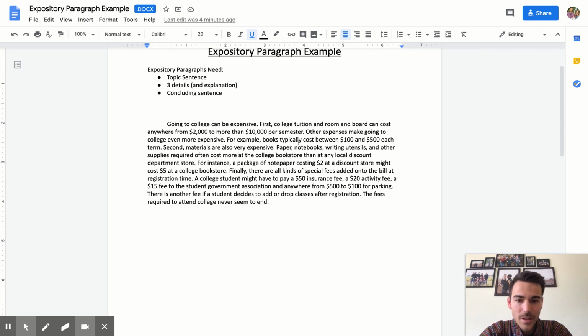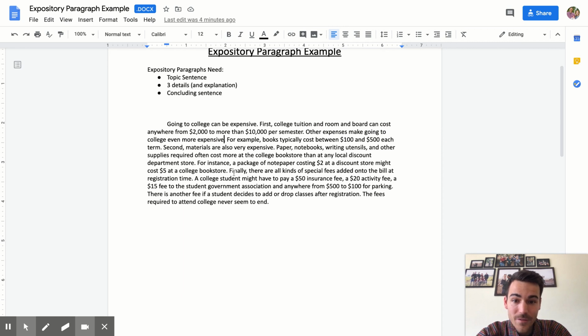Now in the middle, you have all of your details that prove your point. This sounds like a persuasive essay to me that proves that going to college is expensive. So we have our 3 details here. Again, I'm not going to read it all, but first, college tuition and room and board can cost anywhere from this to this, okay? And then next, it says other expenses make going to college even more expensive.